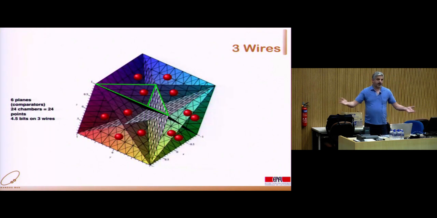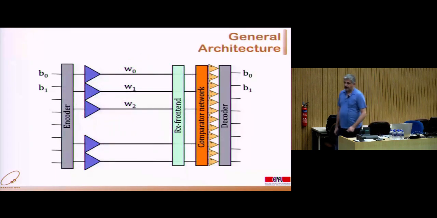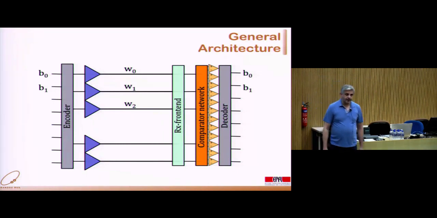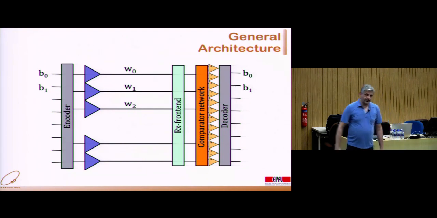Then if you go to 3 wires, you go into the 3-dimensional space, and so on. So the general architecture of this signaling is the following. You have, yes? The only restriction: they're central. They have to go through 0.